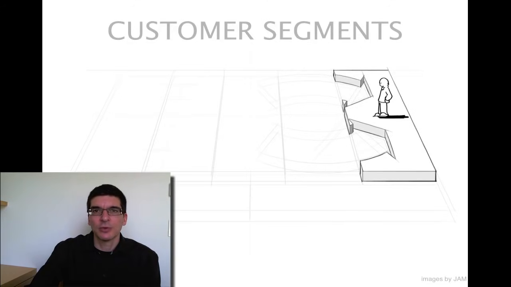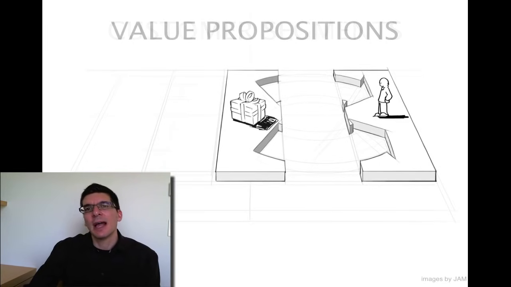The readers, who want to be informed and entertained, and the advertisers, who want to reach an audience and sell something. So 2 different customer segments with 2 different jobs to be done. And for both segments and both jobs, you will have a different value proposition, a set of products and services that will help the customer get the job done.